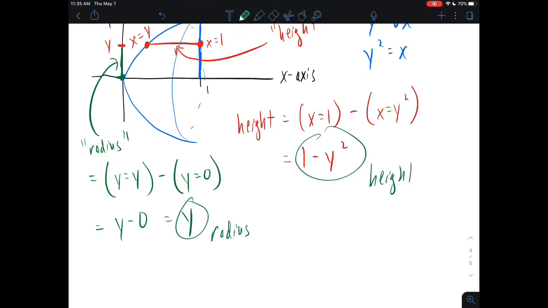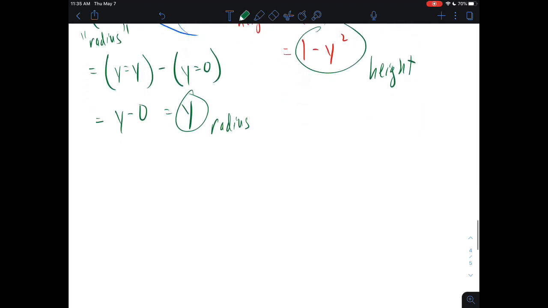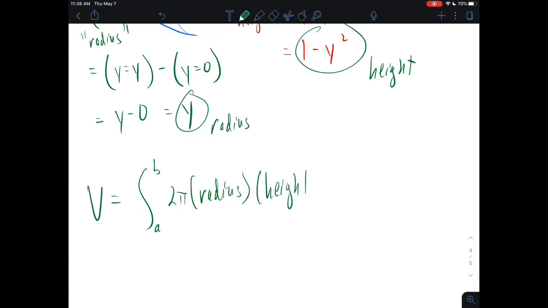So now let's put all of this into our volume formula. So volume is equal to the integral from a to b of 2 pi times radius times height. And then we need our differential.